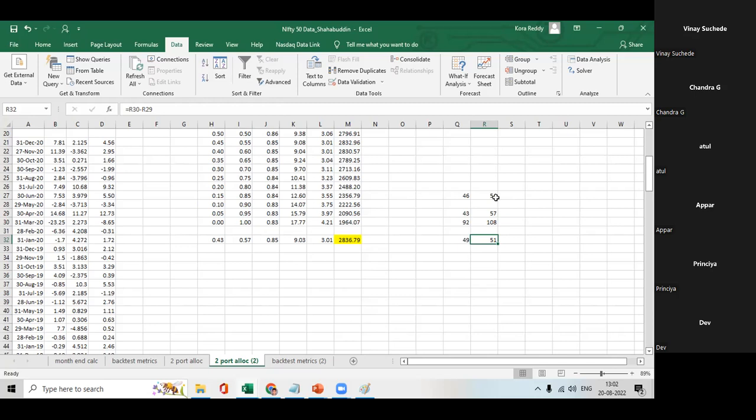Now we have Nifty and IT and gold and let's say Nasdaq.